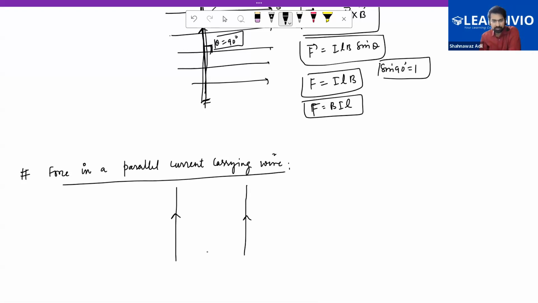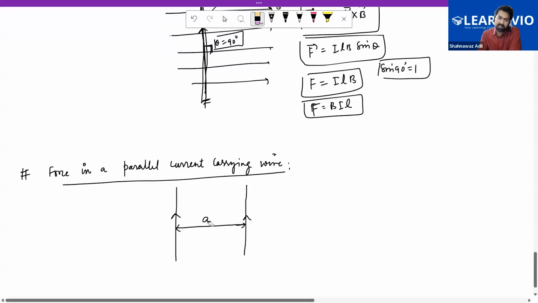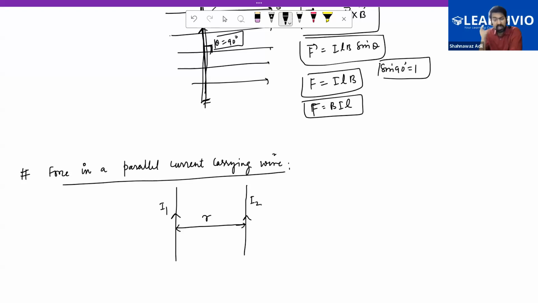Let's say the distance between them is R, and this is I1, and this is I2. Let's say that we pick a particular length, which is L.